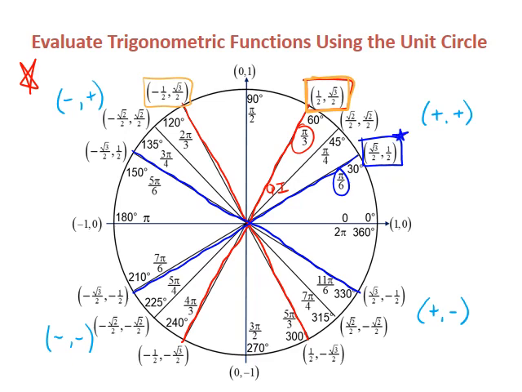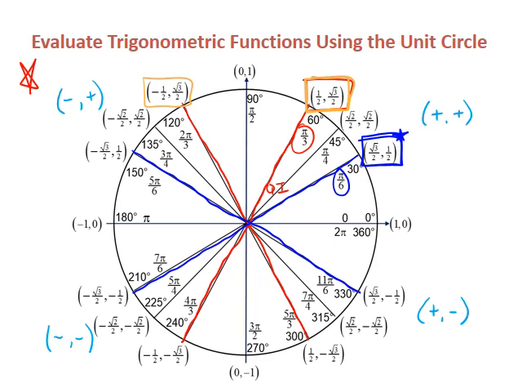Depending on which quadrant they're in, the sign may change. I know that this is the corresponding ordered pair because 3 times 2 is 6, so √3/2 is the first coordinate.